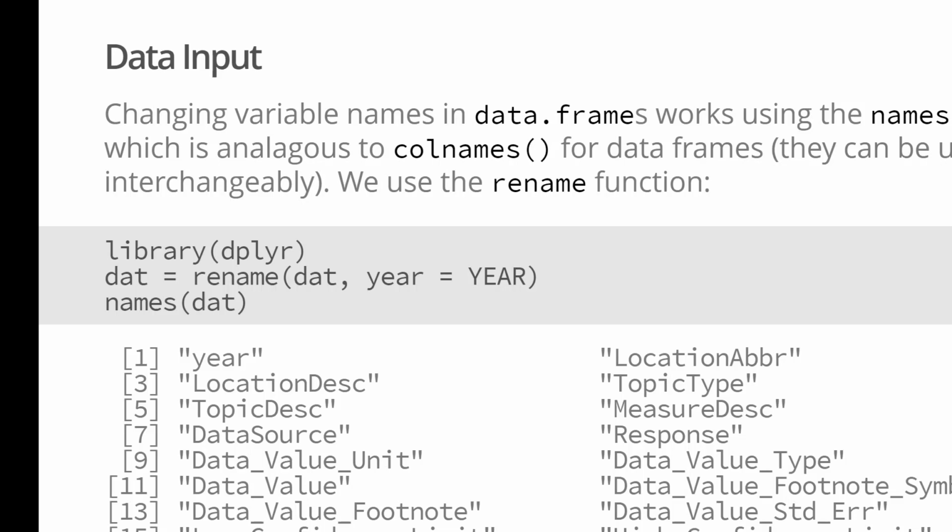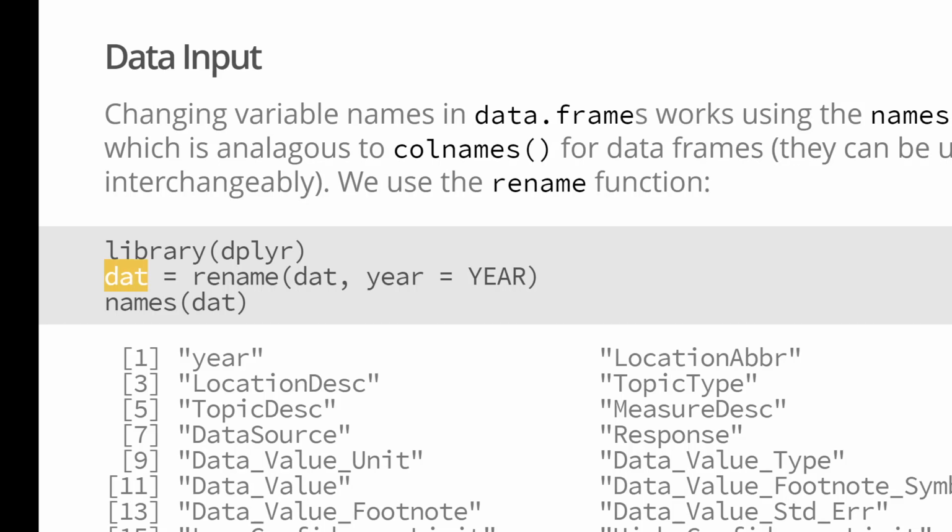You give it the tibble or data frame, and then, in comma-separated chunks, all the columns you want to rename. So it's saying, take the new name, which I'm going to make lowercase year, equals the old name, all upper caps YEAR, and then resave the data set as that.